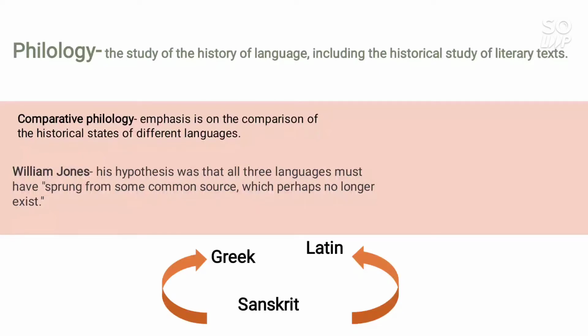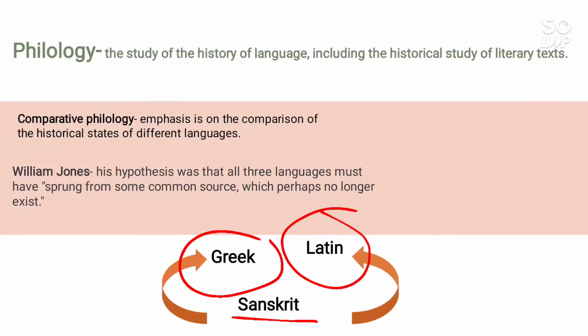The main stimulus for the development of comparative philology came toward the end of the 18th century when it was discovered that Sanskrit bore a number of striking resemblances to Greek and Latin.